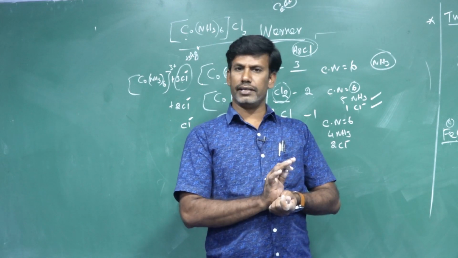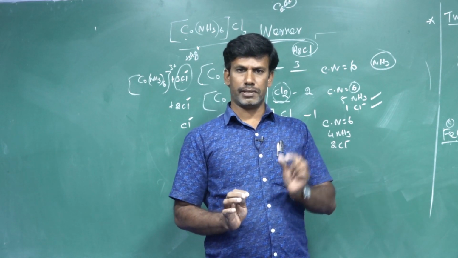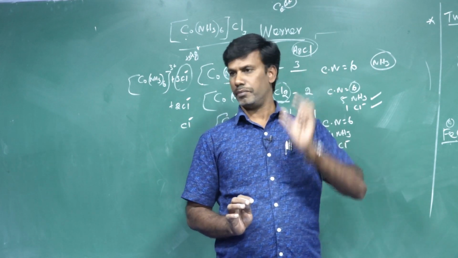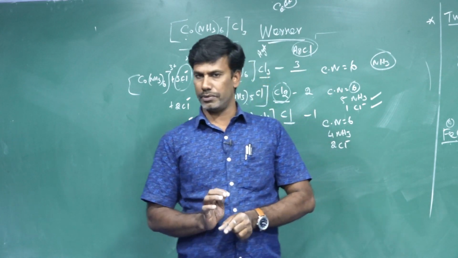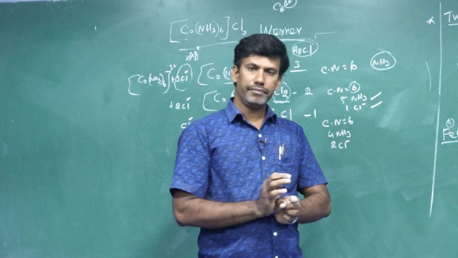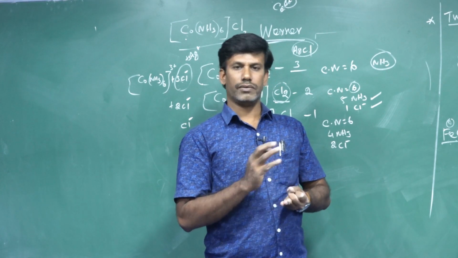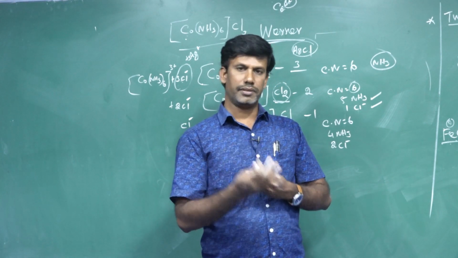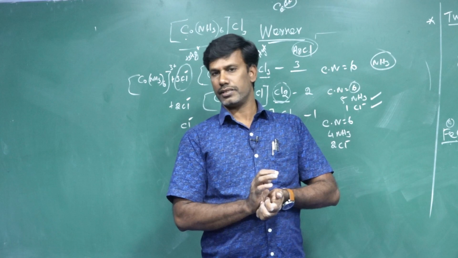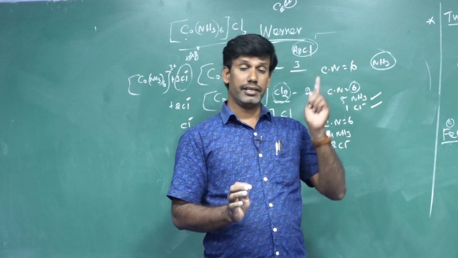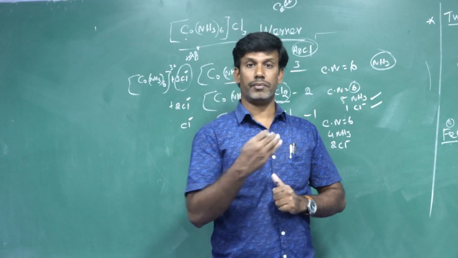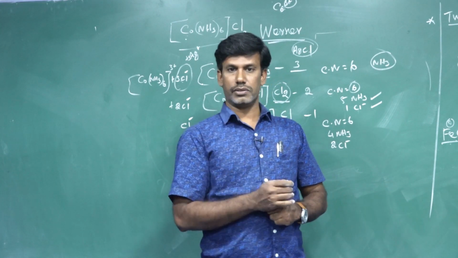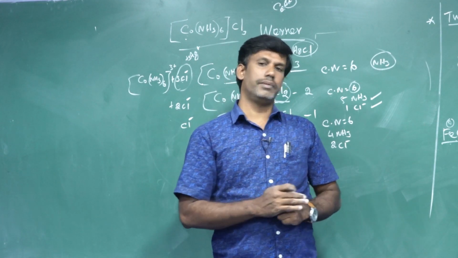Whereas the secondary valency corresponds to the coordination number of that compound. It is satisfied by neutral or negative ions. It is directional. It is the reason for the geometry of the species.